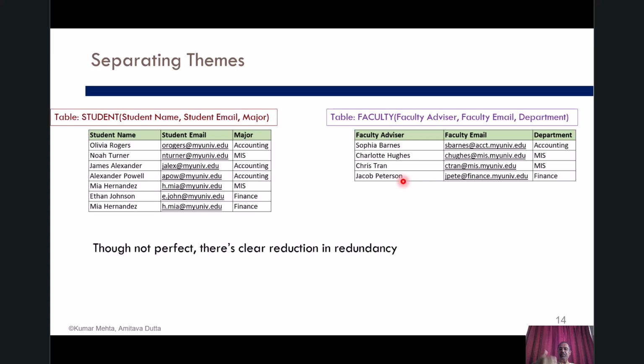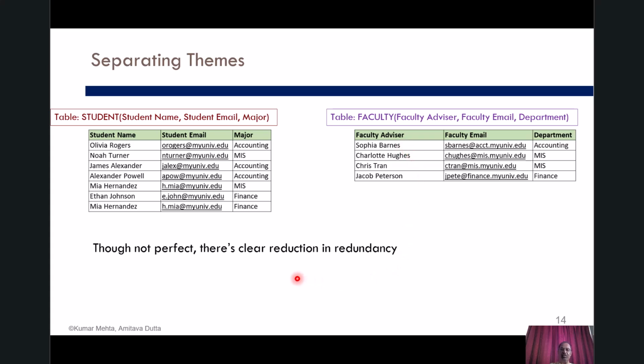So, for instance, if one of the faculty members gets married or for some reason their name changes, Sophia Barnes' name changes, there is no likelihood of inconsistency because the name only appears in one place, the change will be made in one place, and it will be good. You wouldn't have to worry that the name might be appearing somewhere else, and I might have fouled up and not changed the name in all the places. So the update anomaly at least partially goes away.